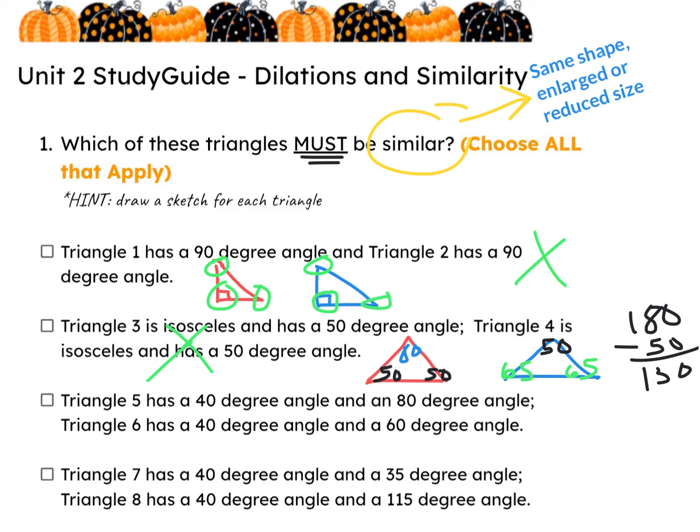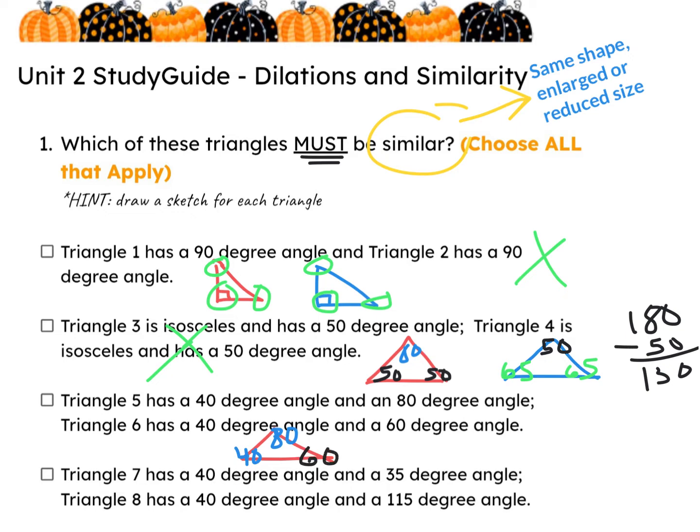Triangle 5 has a 40-degree angle and an 80-degree angle. And triangle 6 has a 40-degree angle and a 60-degree angle. So I'm going to draw those two triangles. I'm going to go 40 and 80, so that's 120. So 180 minus 120 would give me 60 for that third angle.